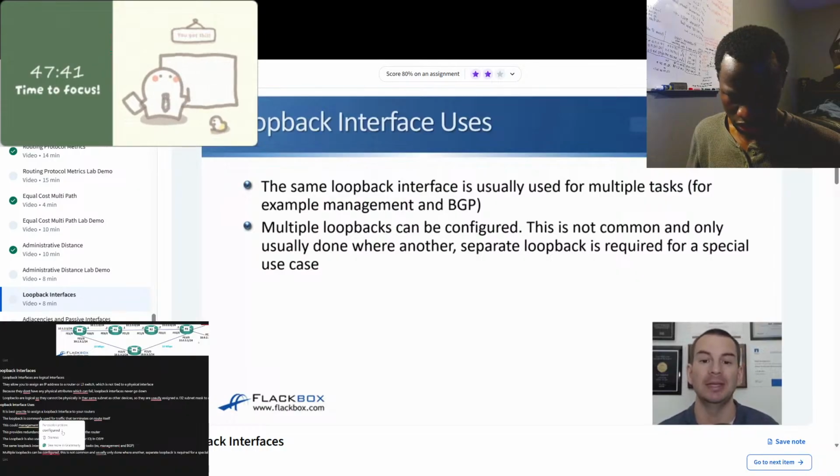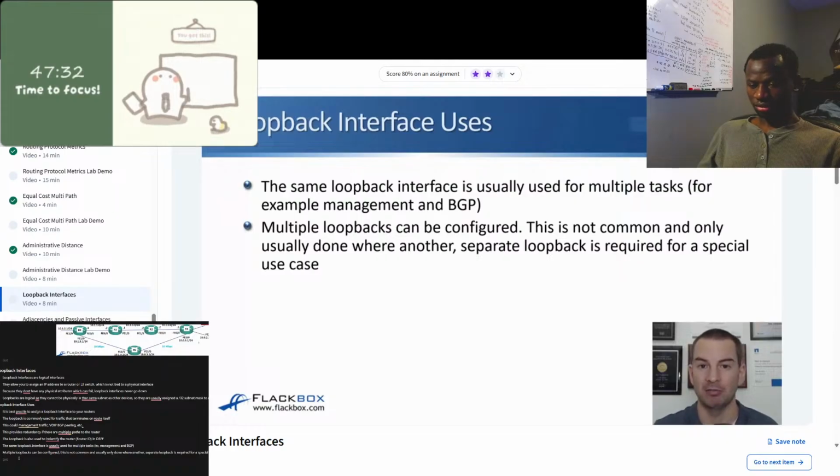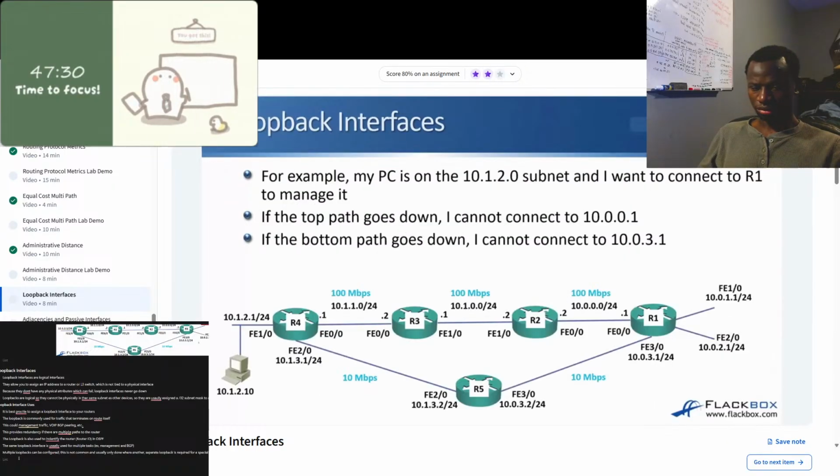Multiple loopbacks can be configured though. It's not common, we don't normally do that. It's usually only done for special use cases where an additional loopback is required, so not standard.